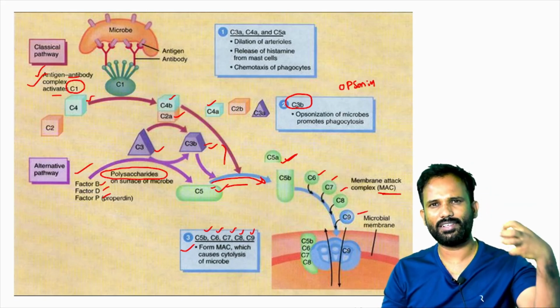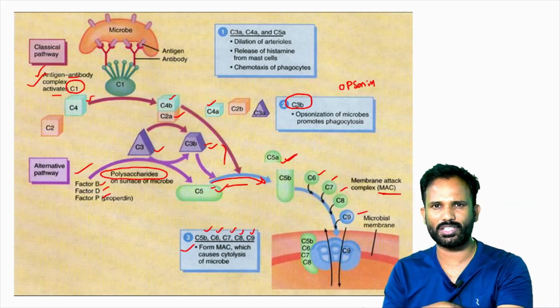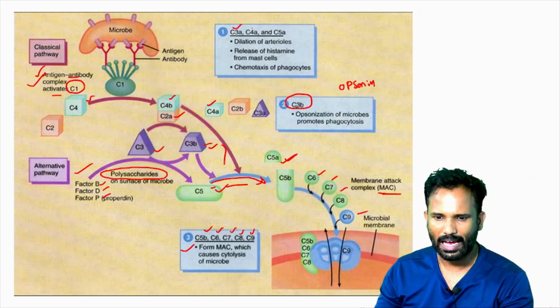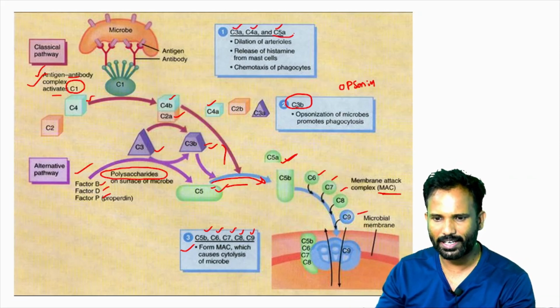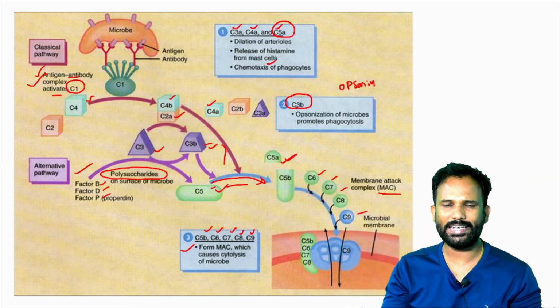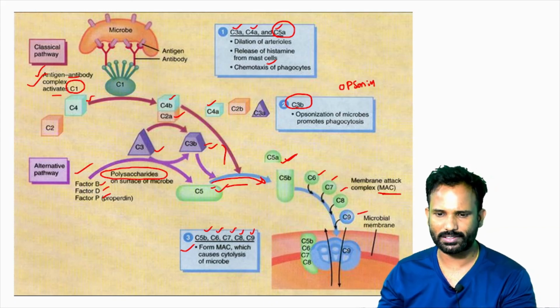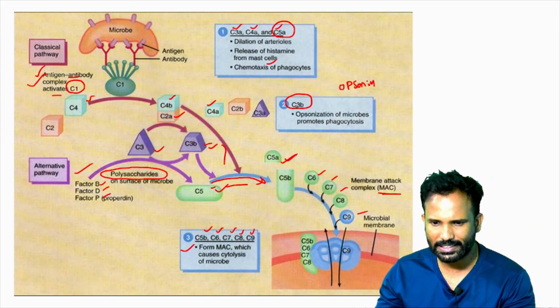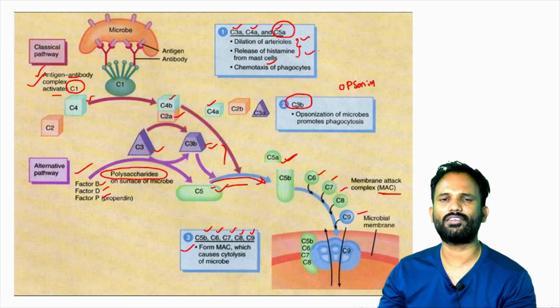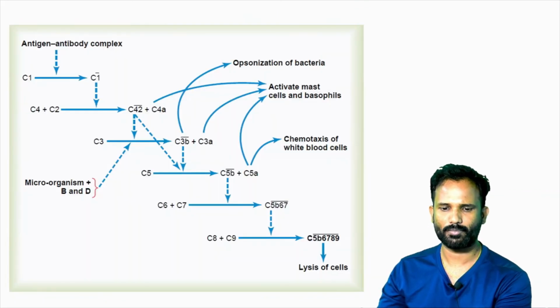So whenever C3b binds to the pathogen, it can be easily engulfed by the macrophage. And C3a, C5a: the C5a is a chemotaxin, so it calls further phagocytes to come there to eat these antigen antibody complexes. Or C3a will also cause an inflammatory response by dilatation of arterioles and release of histamine from mast cells.